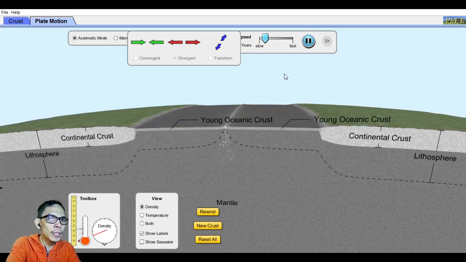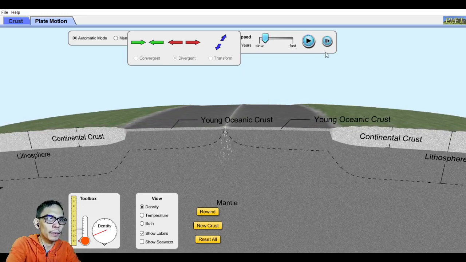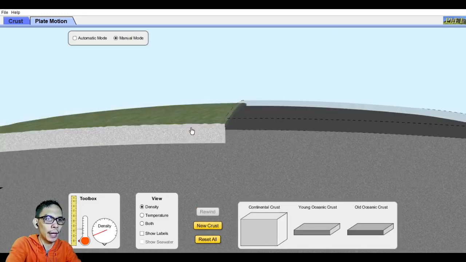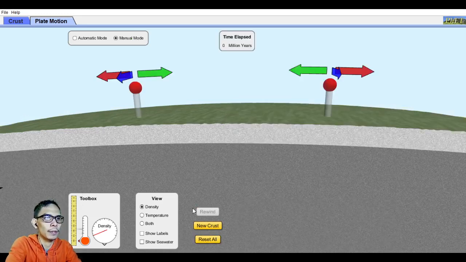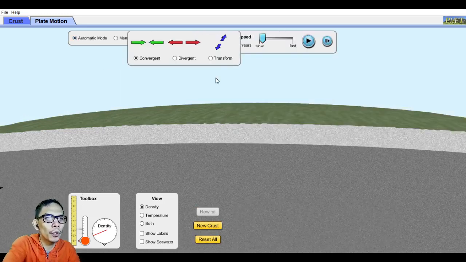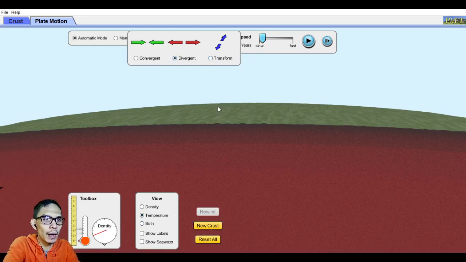If we reset it again, in automatic mode, in a divergent plate boundary, you can see there are no gaps in the plates that you have right here.